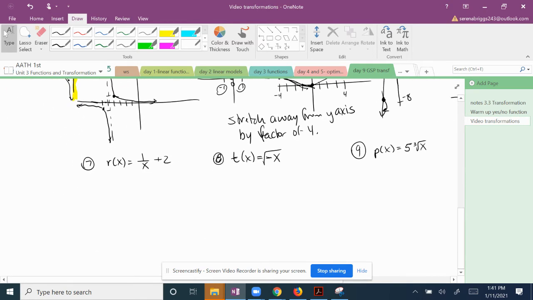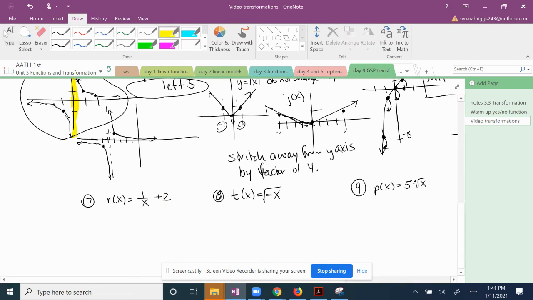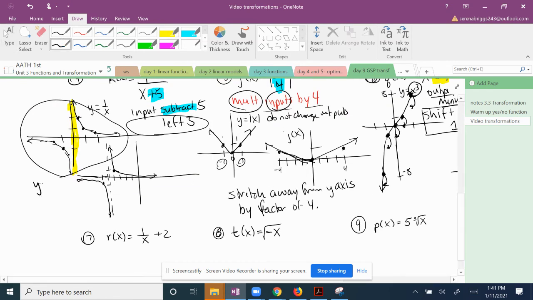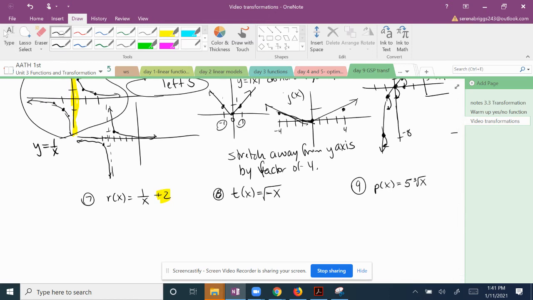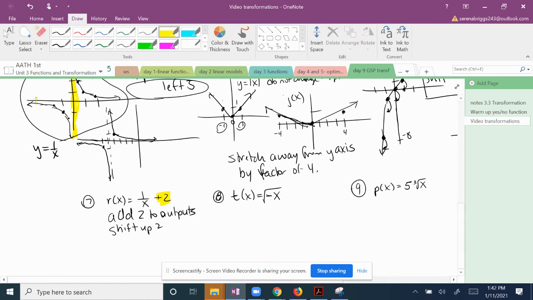This one here, I have my parent graph that I have graphed above. And since it's +2 after the parent graph, y equals 1 over x, and then it says +2, that's add 2 to the outputs, to the y values. Do not change the x's, but add 2 to the y's. So that's going to shift this graph up 2. This time I'm going to take this guideline right here and move it up 2.